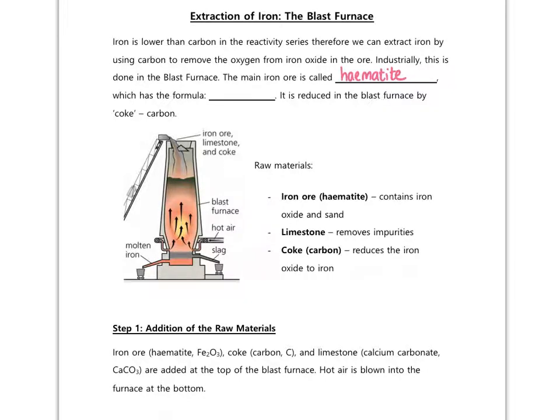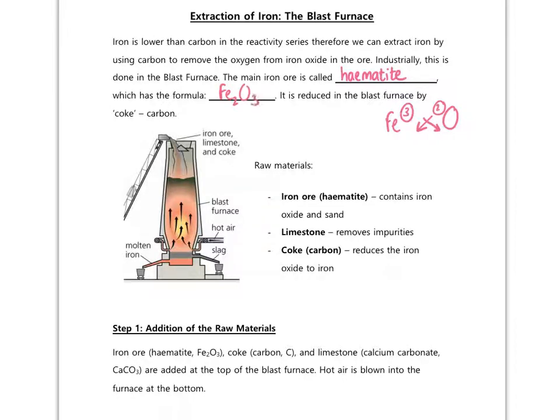And it's mostly made up of iron oxide along with some other impurities, but it's iron 3 oxide. So that's iron with a valency of 3 bonded with oxygen, which has a valency of 2. So when we swap and drop that, we get Fe2O3.